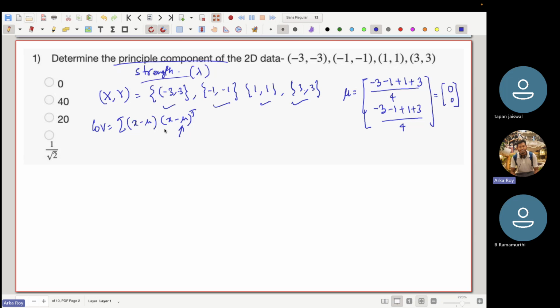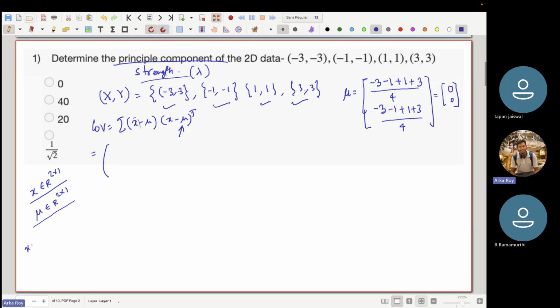To do that, I can write it as follows. You can consider x to be 2 cross 1, and mu is also 2 cross 1.